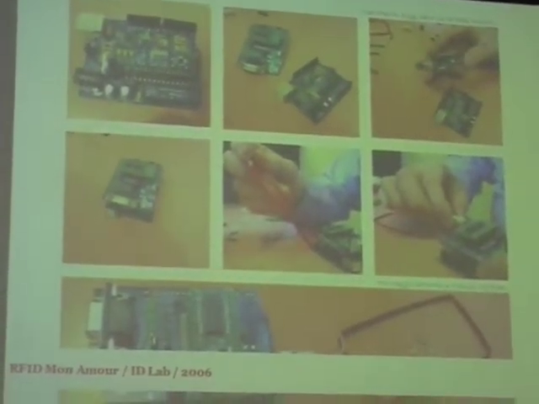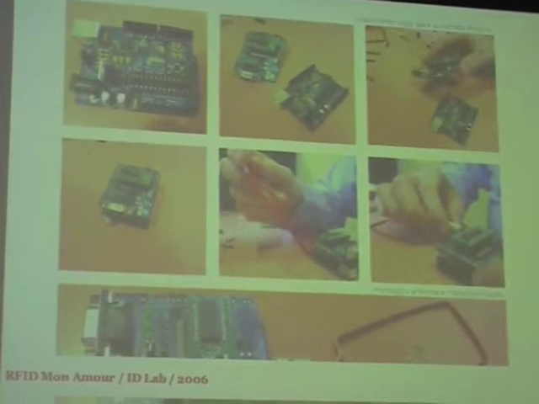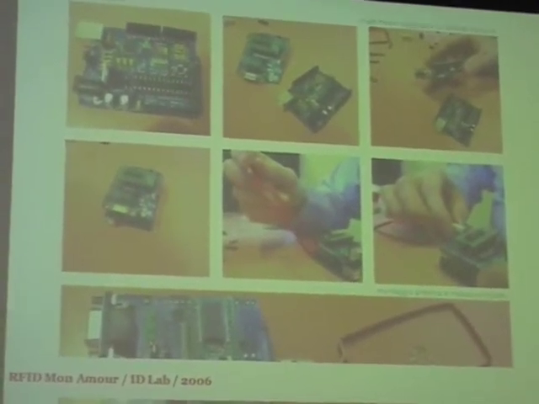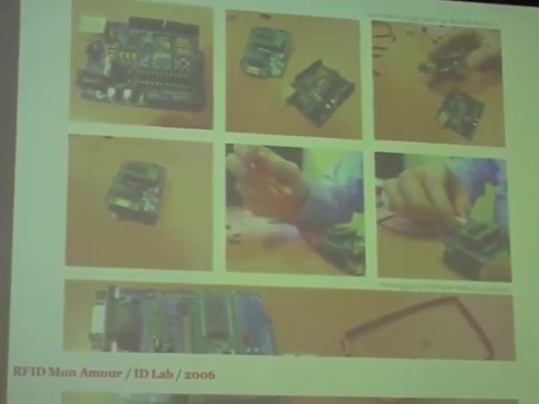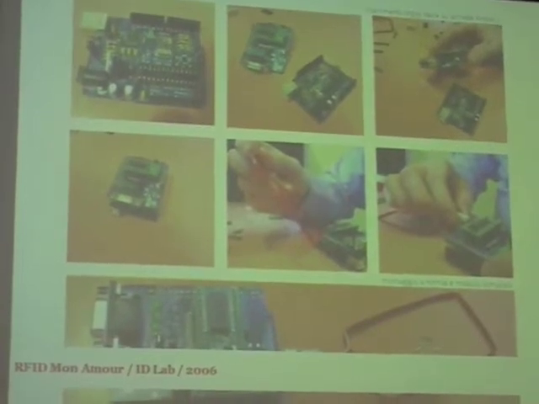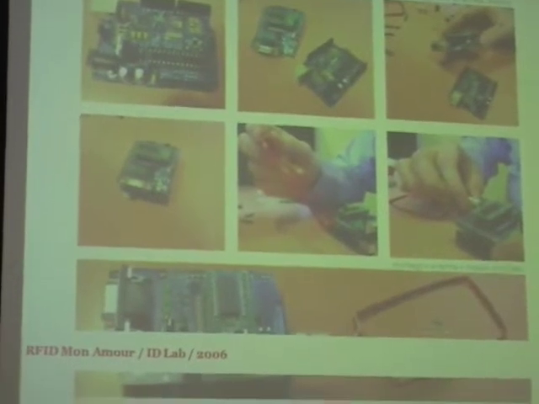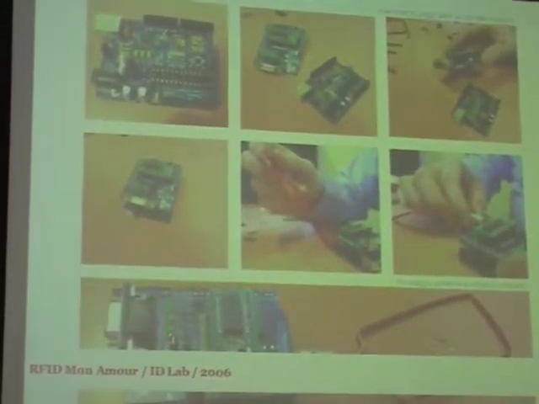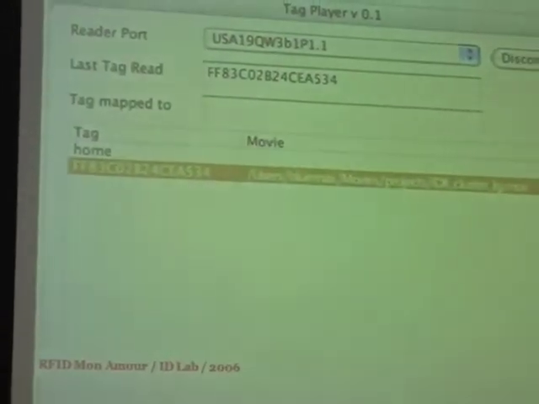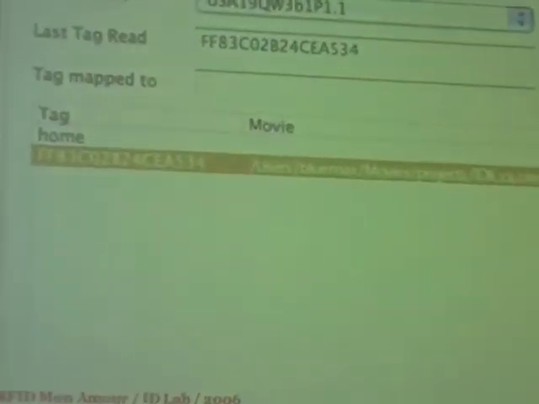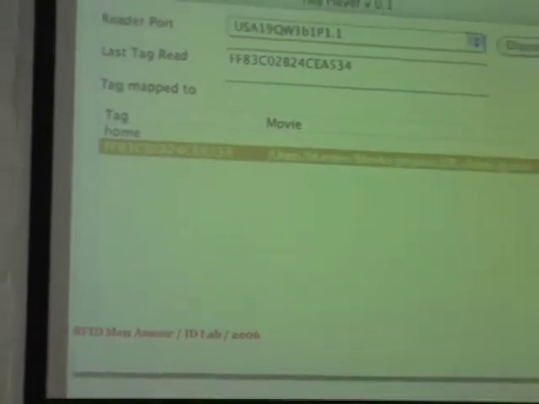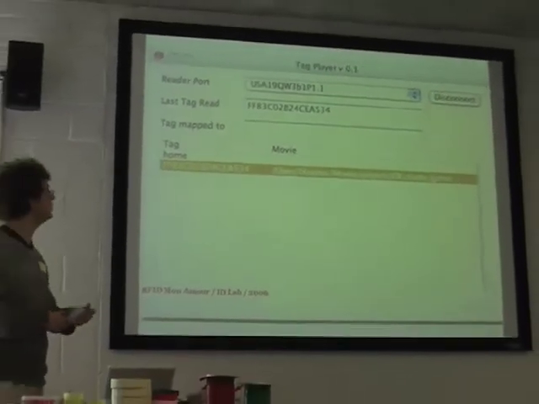A couple of years ago, there was an event called Monomore, which was looking at using RFID tags in a more sort of artistic setting, and basically there were reader units linked up to computers so that a particular tag was associated with a movie file.